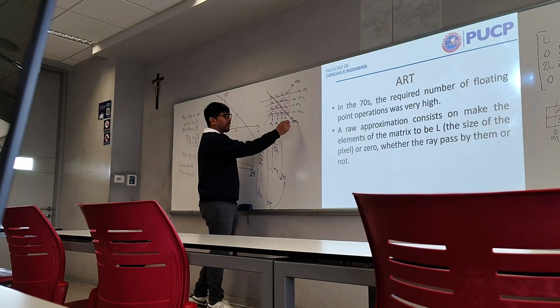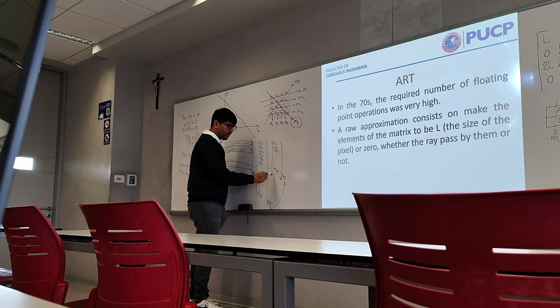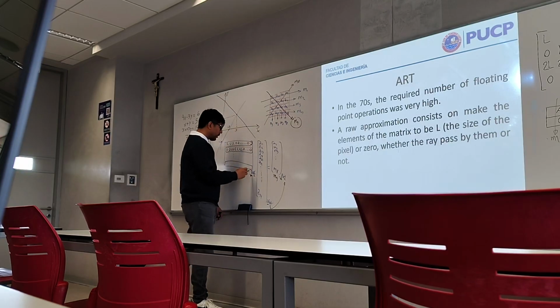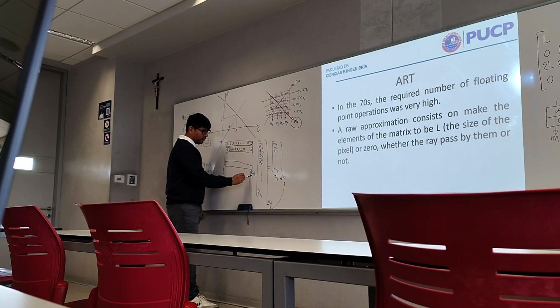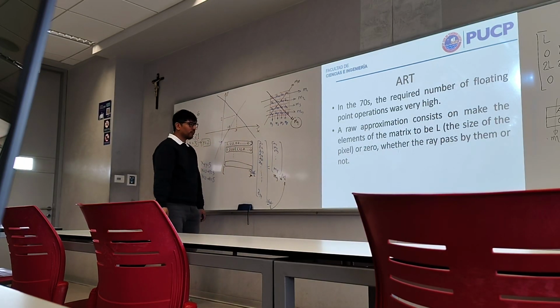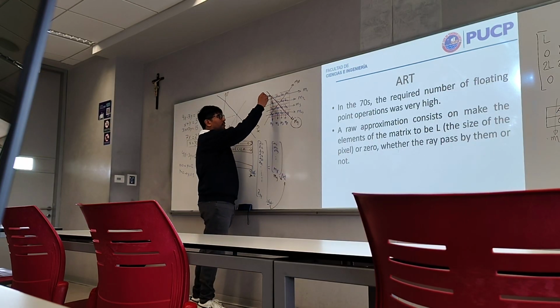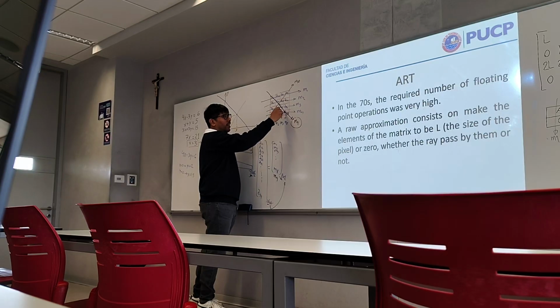Okay, let's think about M9, for example. We have M9, so one more equation. Then the question, what would it be? It would be some length. In this case I will make it cross the diagonal, so 1L in this pixel, 1L in this pixel, 1L and 1L here, right?